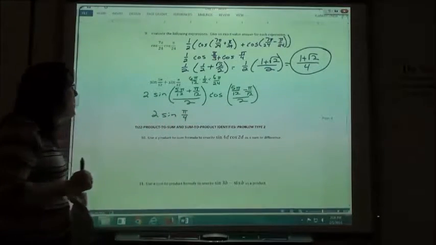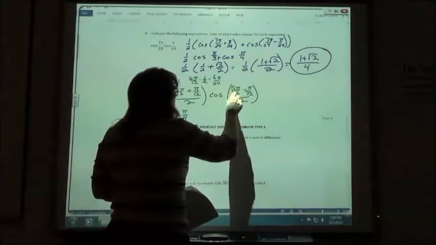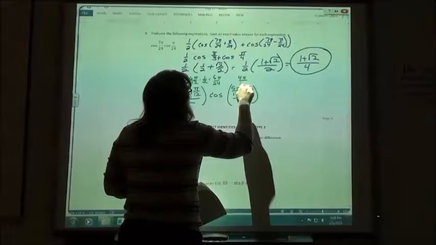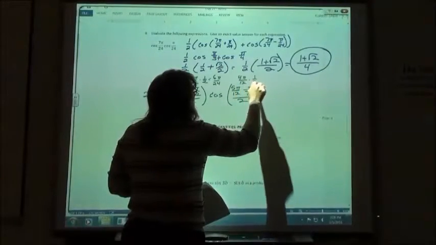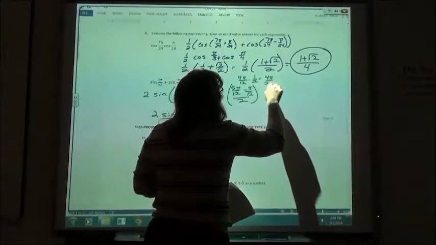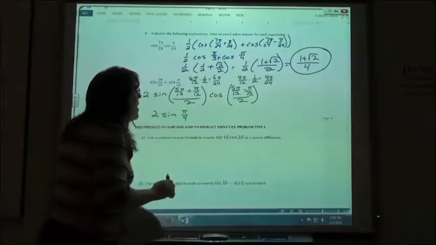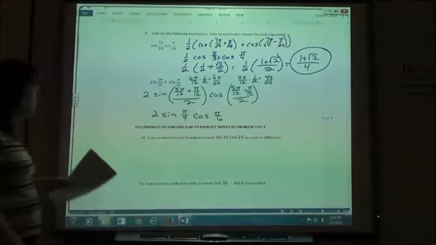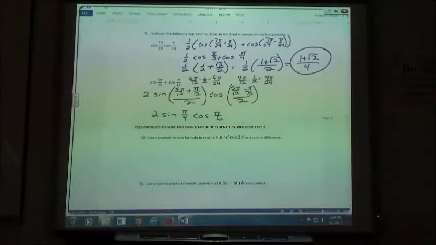So 2 sine of pi over 4. Here I would do 5/12 minus 1/12, which is 4/12. Again, multiplying by 1/2 gives me 4 over 24, and that reduces down to pi over 6. So I have 2 sine of pi over 4, cosine of pi over 6.